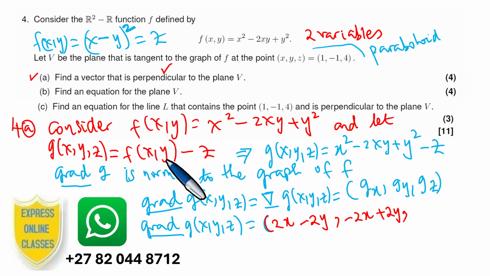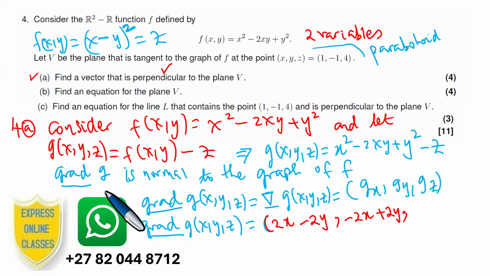But f is 2 variables, so we must introduce a third variable, and you always introduce a minus z, so that we form g. The g is a function of x, y, and z, and this is f of x and y minus z. Now we have formed a new function g, which takes an ordered triple.